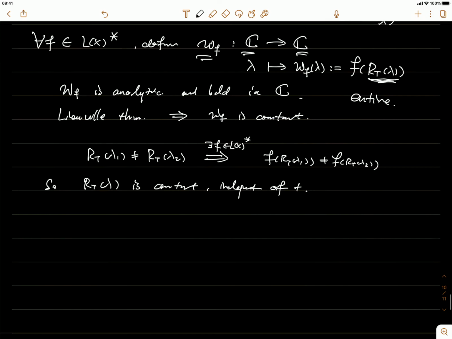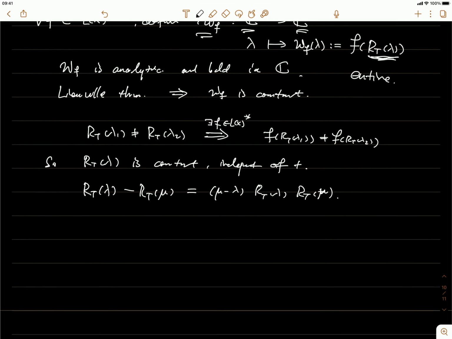Remember what this resolvent is. I just need to see that I have this equal to the constant for any lambda. Then let's recall the first resolvent identity: this is equal to mu minus lambda, resolvent of lambda, resolvent of t, mu. They are all taking the same value no matter what lambda and mu are.